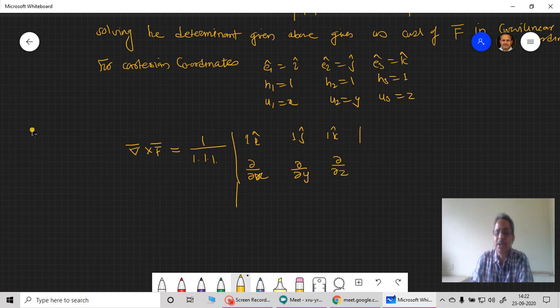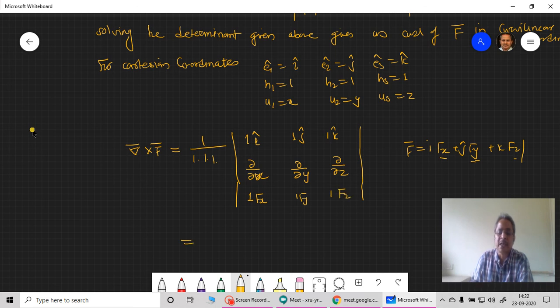This is my second row, and vector F is given to be i fx plus j fy plus k fz, and these are the x component, y component, z component, or component number 1, 2, and 3. They are to be written here with these three scale factors. So 1 into fx, then 1 into fy, and then 1 into fz.